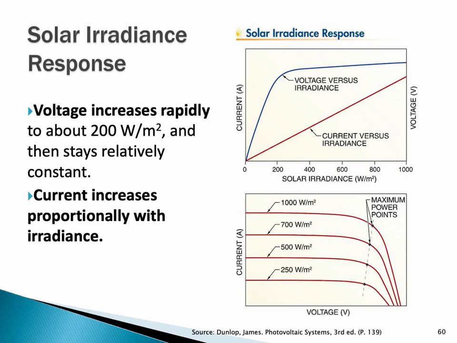Another way I could say it is, if I have 25% sunlight, I'm going to get 25% output. If I have 50% sunlight, I'm going to get 50% output of that module, and so on. So current is the thing that affects the total output of the system. That's the variable.